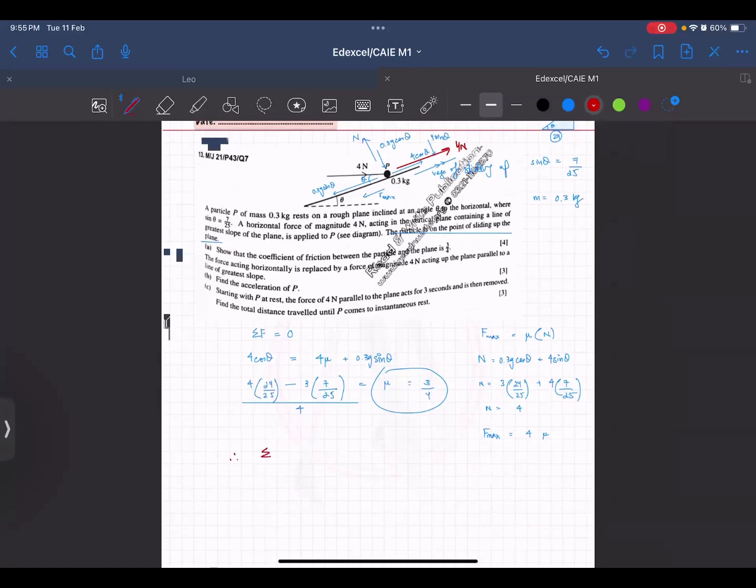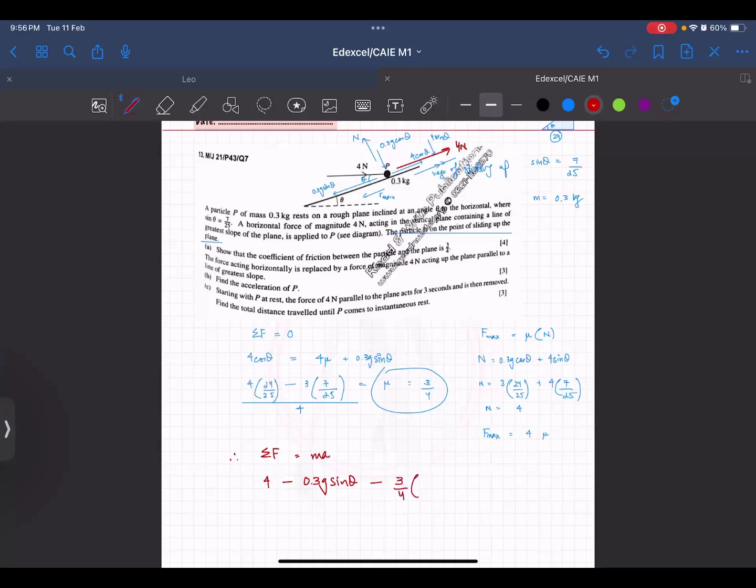F equals ma. Parallel to the plane upward, the force is 4 minus friction. Friction would be trying to stop it, and the weight component as well. So the weight component is 0.3 g sine theta, and minus friction, which is mu R. Mu we now know is 3 over 4.